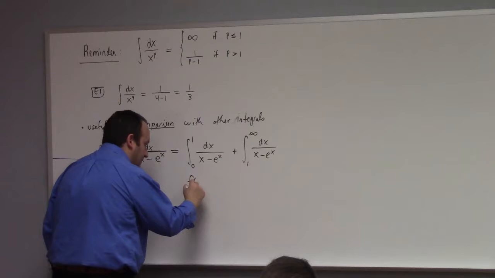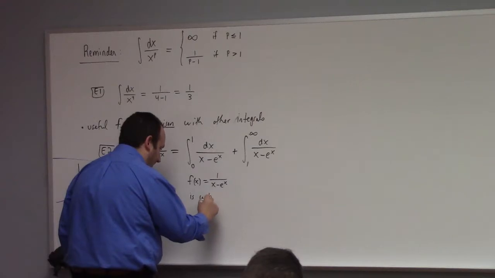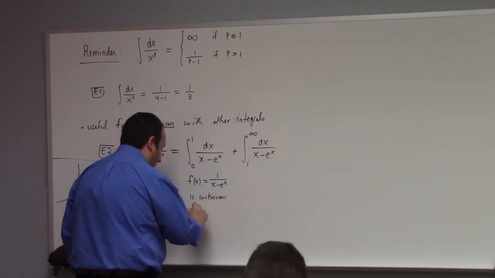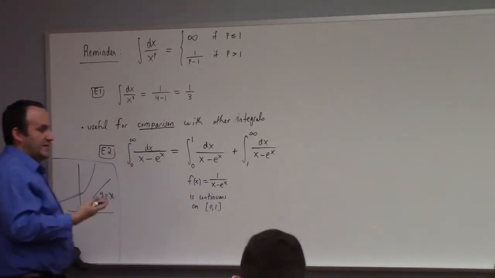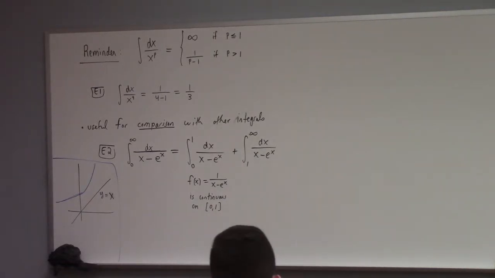Because f of x equals 1 over x minus e to the x is continuous on 0 to 1, which means that the definite integral of that function is just some number. I could further bound that number if I found bounds for the integrand, but let's leave it at that. It's not going to affect either the convergence or the divergence. Whatever happens with this example, it's all about what happens at infinity, the so-called tail of the integral.